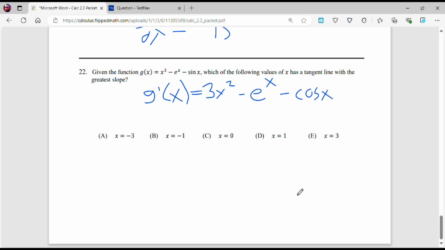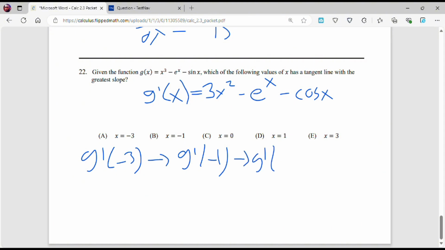And so the question is asking you, at which x value is your derivative the largest? So we're going to have to compare g prime of negative 3, g prime of negative 1, g prime of 0, g prime of 1, g prime of 3.